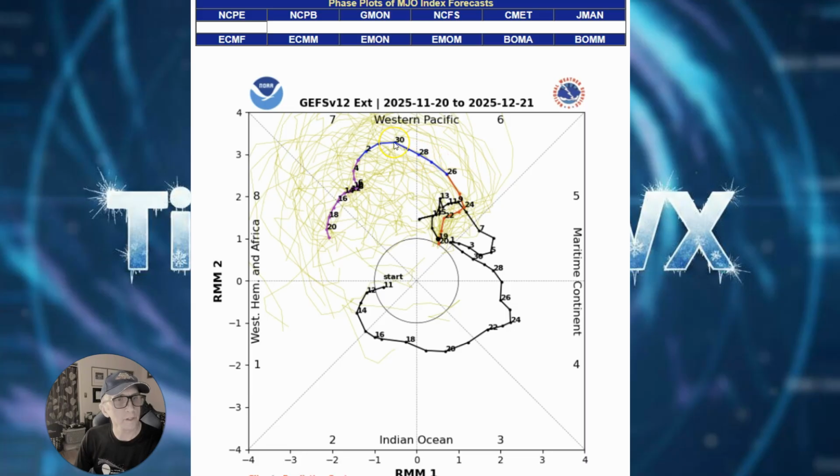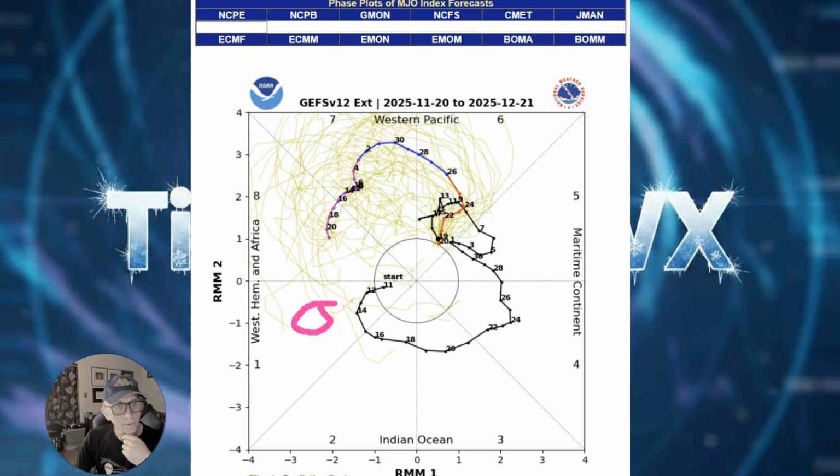The latter part of November, and generally move relatively quickly, then slow down some, and then move into phase 8, which is Western Hemisphere and Africa, and this is maybe over here in Africa a little bit more, right? You get over here in this area.